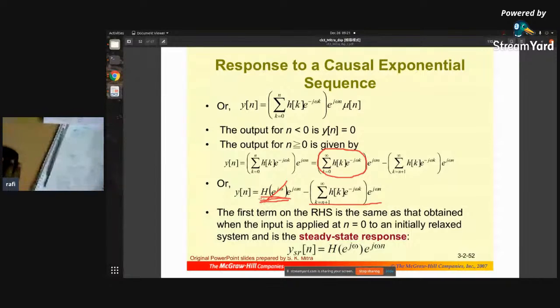That means y of n depends on e power j omega k, where k is n plus 1 to infinity. This is not so practical. Since this is still a causal signal, but this value we need to compute is not so easy.